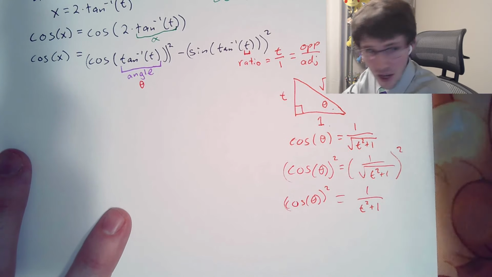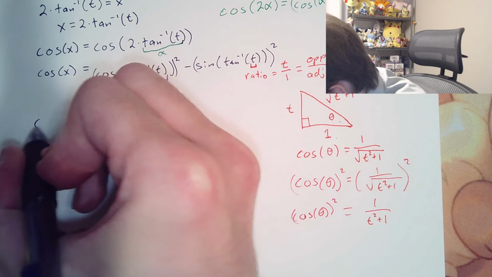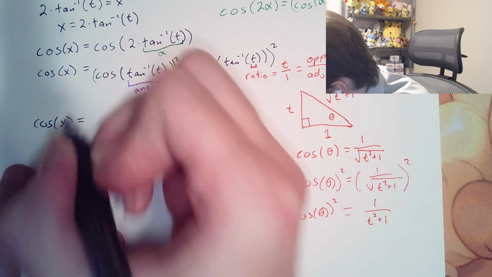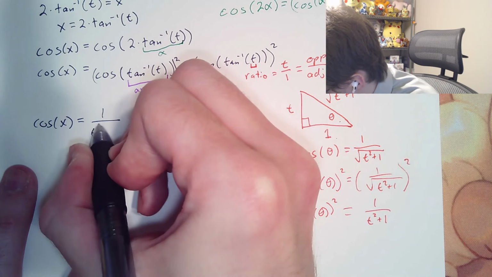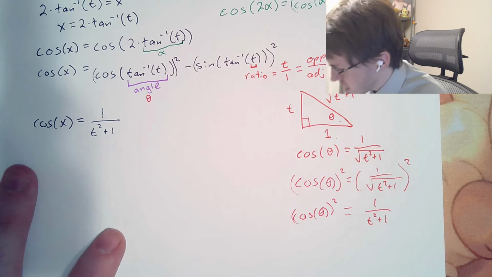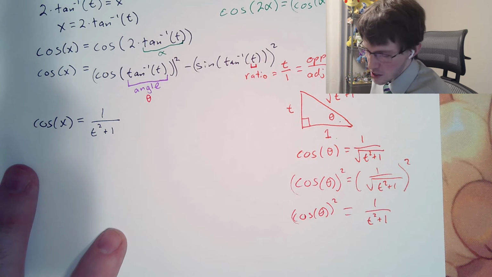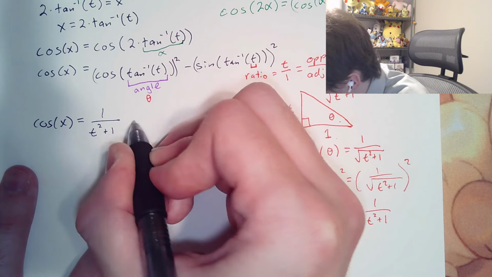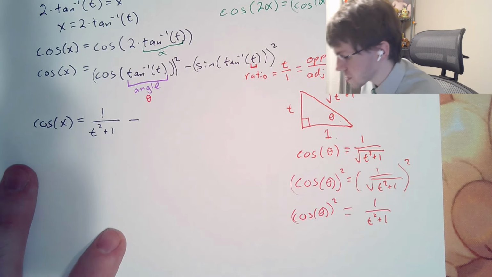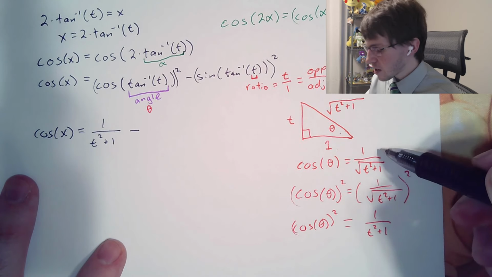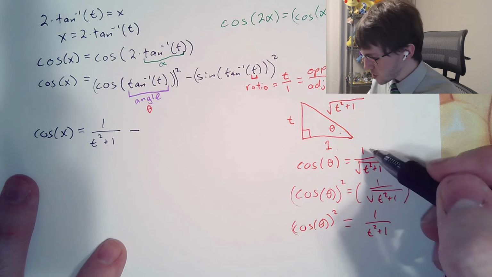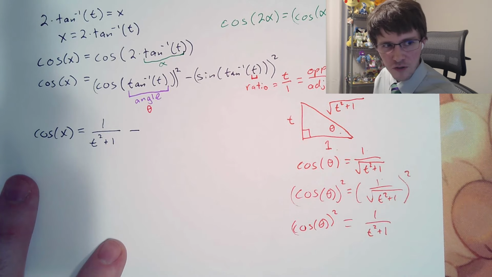So we're going to start writing that in now. We have our cosine of x must be equal to 1 over t squared plus 1, and I really should have said 1 plus t squared because that's what it was in the video, but that's okay. And now we're subtracting the sine. The only difference for sine is that it's exactly the same as all of these, except these ones are all t's.